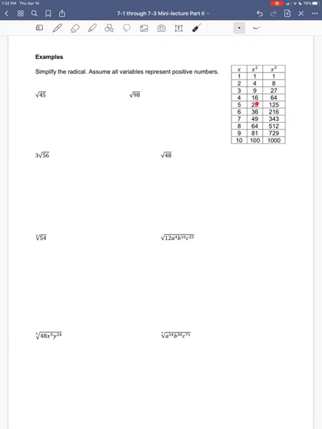You could use a calculator, right? 45 divided by 25, you get a decimal. 45 divided by 16, you get a decimal. 45 divided by 9, that works. 9 goes into 45 five times. So I would rewrite it as square root of 9 times 5 in theory.